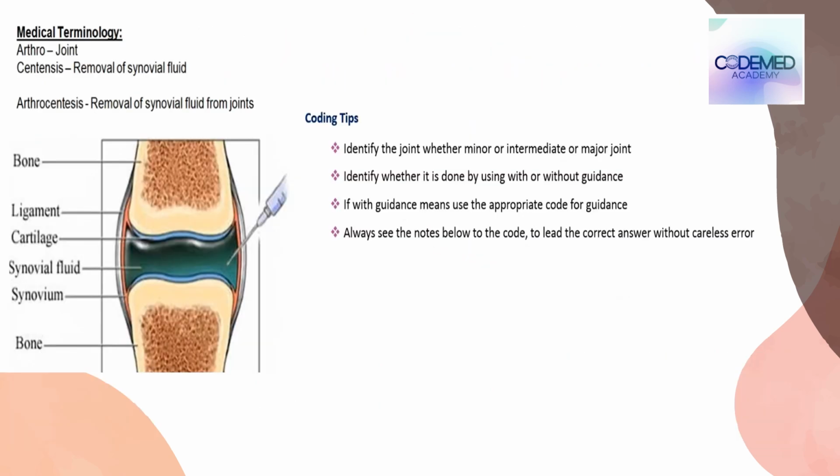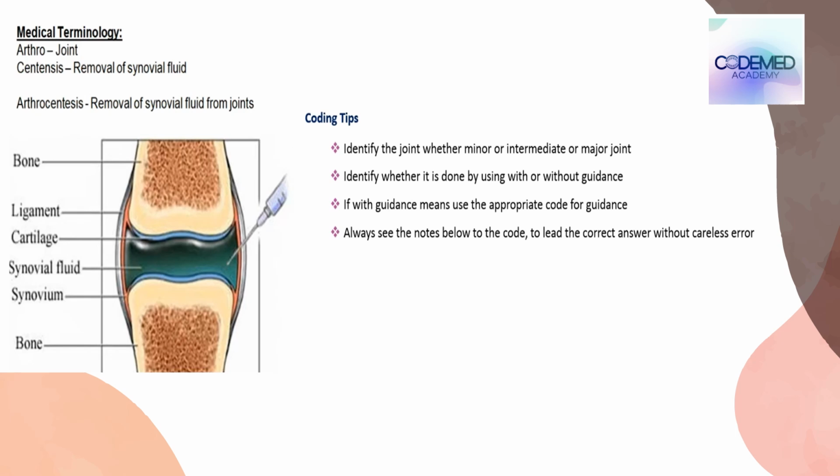The next important topic is arthrocentesis. Arthro means joint, centesis means removal of synovial fluid. Many a time they ask this medical terminology, so you need to pay attention to arthrocentesis. Now what are the important points to remember? Identify the joint, whether it is a minor, intermediate or major joint. Identify whether it is done with or without guidance.